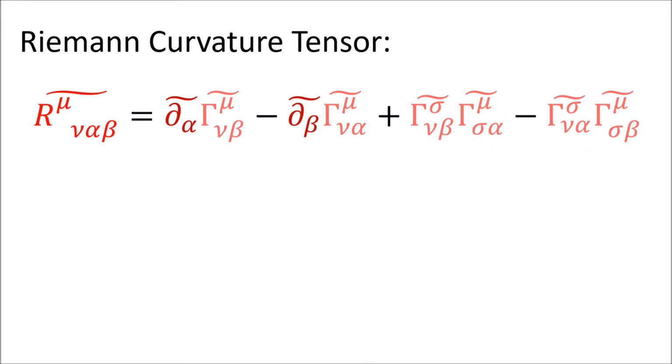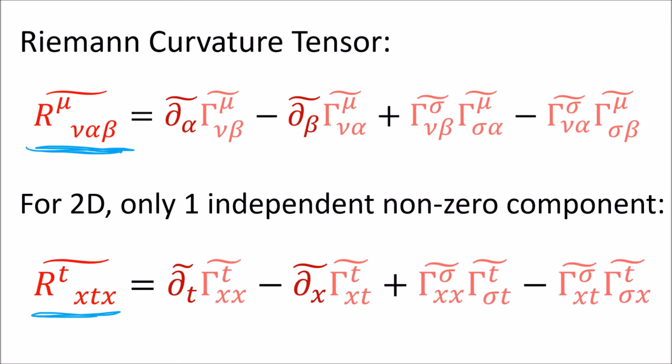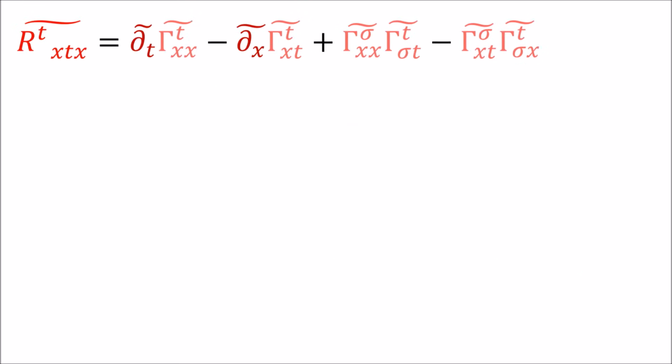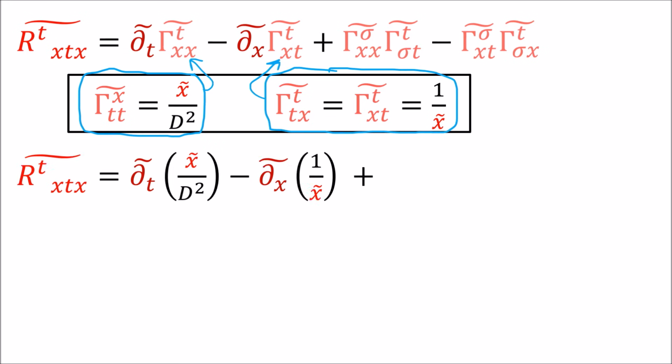Now let's compute the Riemann tensor components. Remember, in 2D, there's only one non-zero component that determines all the others. So let's choose the tx component. If we remember the connection coefficients we just calculated, we can sub in gamma xtt and gamma txt.